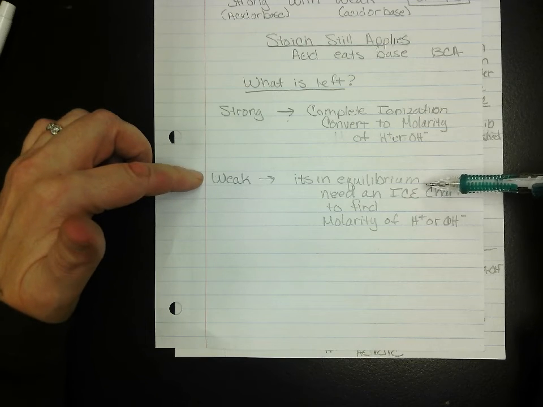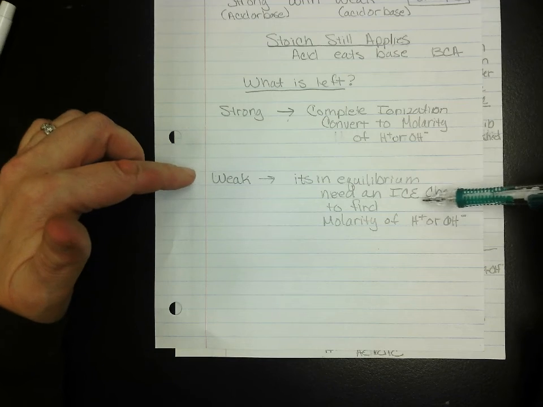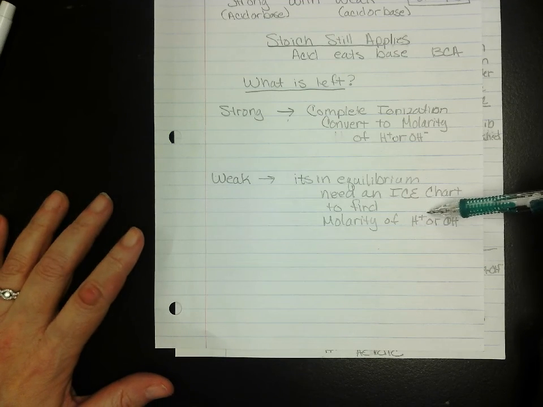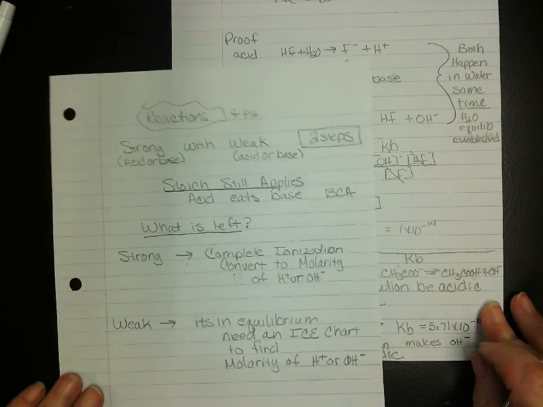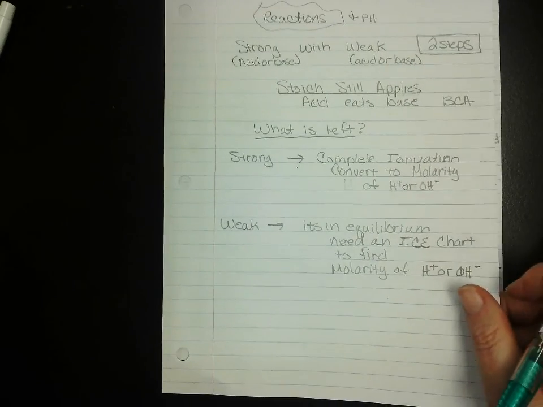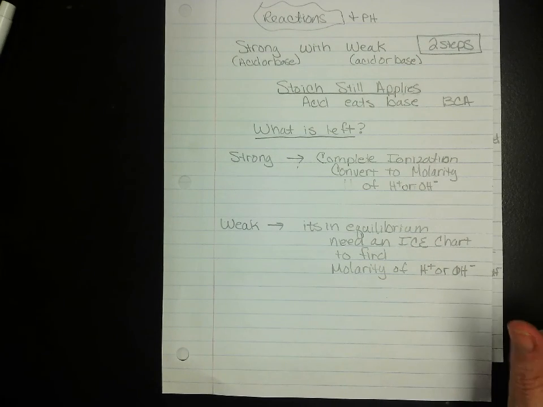If a weak acid or base is left, it's going to be in an equilibrium, and you need an ice chart to figure out the molarity of the H plus or the OH. So that's an overview of the type of reactions that we're going to be doing, and we will go through examples of each one, and we'll be breaking this down into steps.